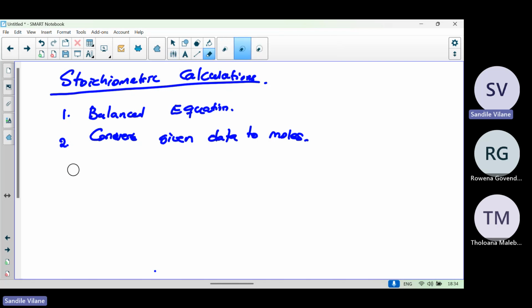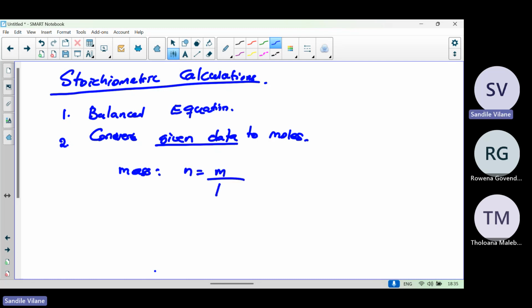To do that, it depends on what you are given. The given data could be the mass. To convert the mass to moles, we use the formula: when you are given the mass, n = mass over molar mass.